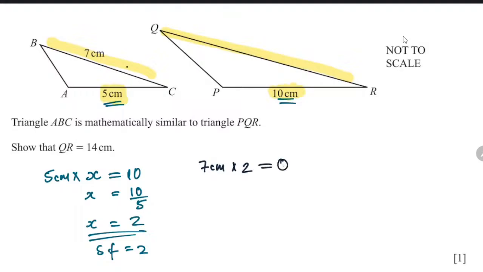It will give you QR, this new one. So it will be 14 centimeters. It's going to be QR. Are we together? Yes, you have to find the scale factor first. Well done. Then you come and multiply it on the other side, which you actually want, and you get it.